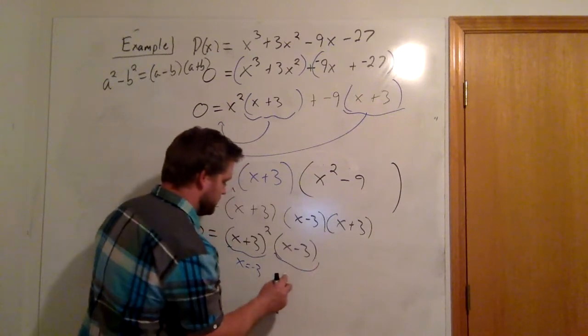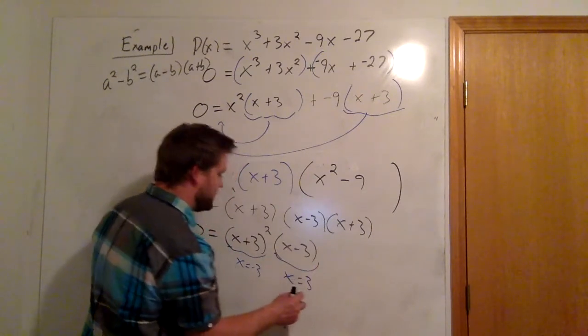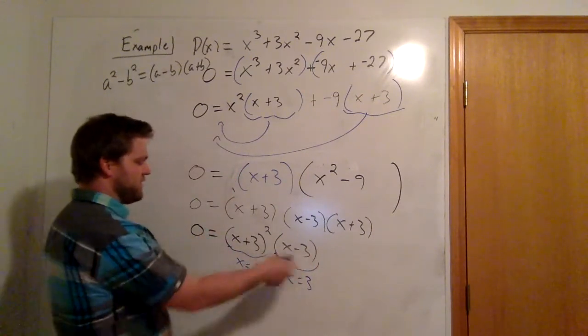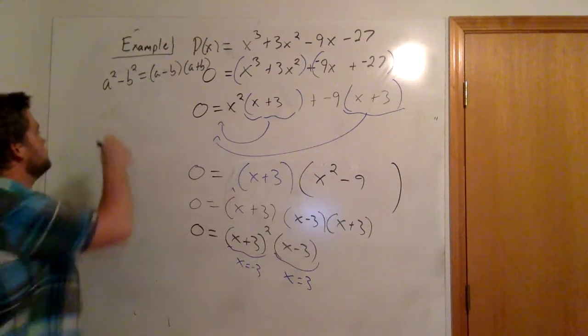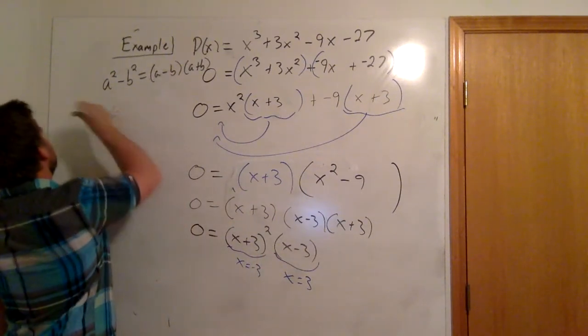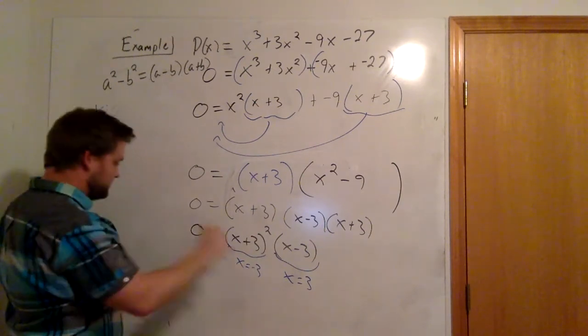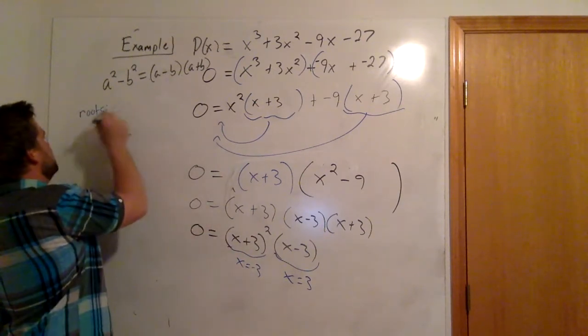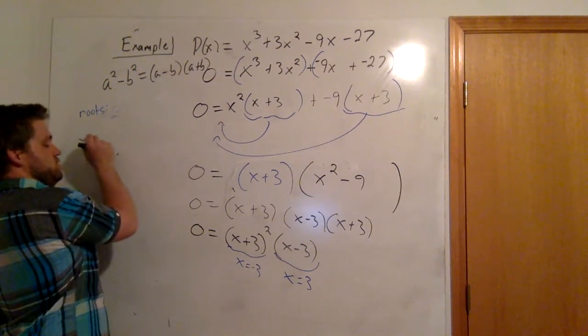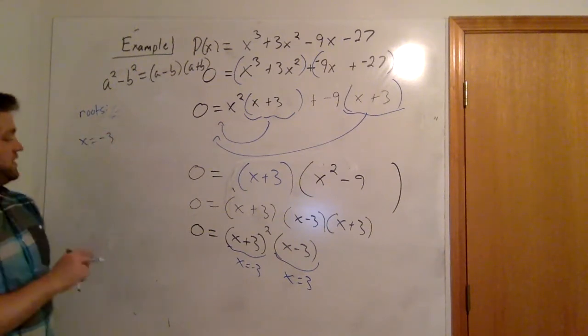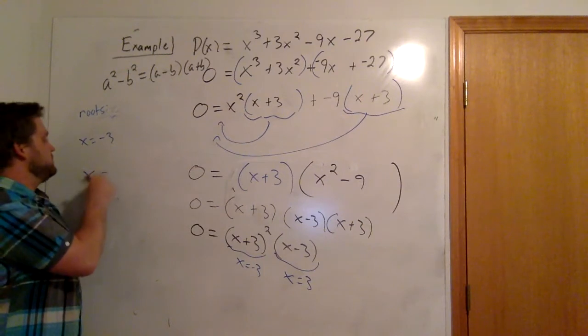Similarly over here, if I have x is equal to 3, this will zero everything out by plugging in 3. So those are the roots. The roots are x equals negative 3 and x equals 3.